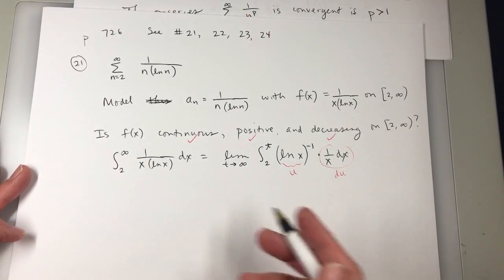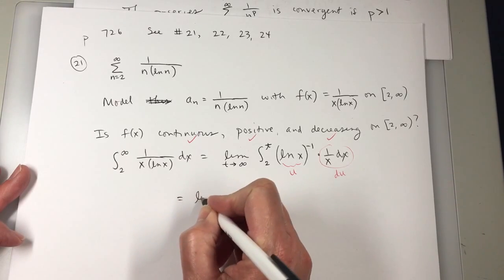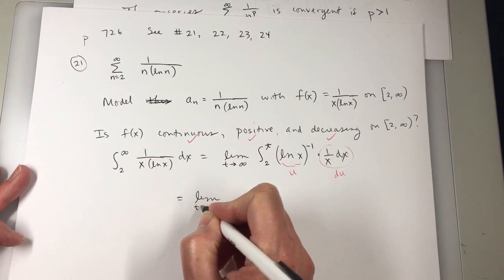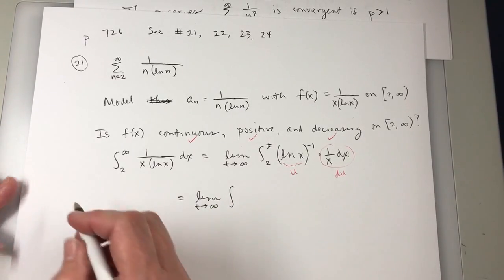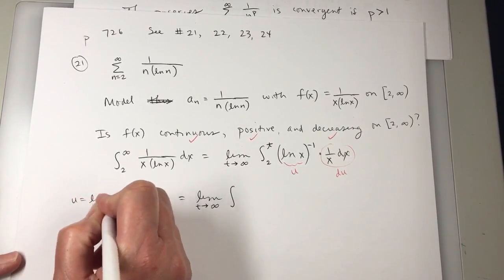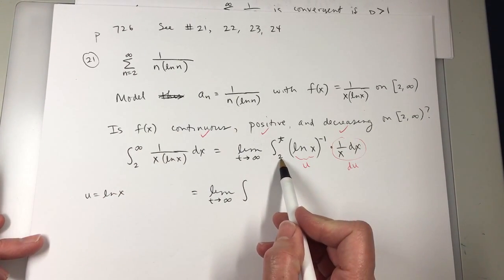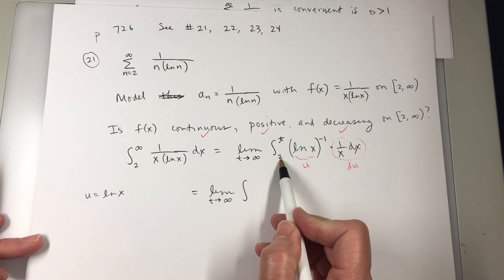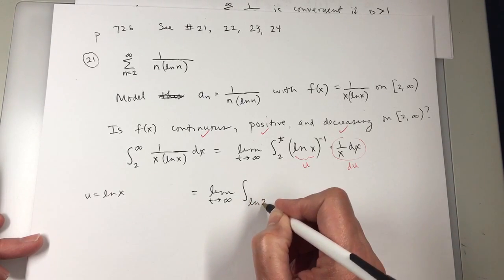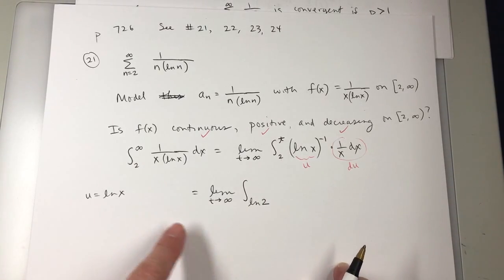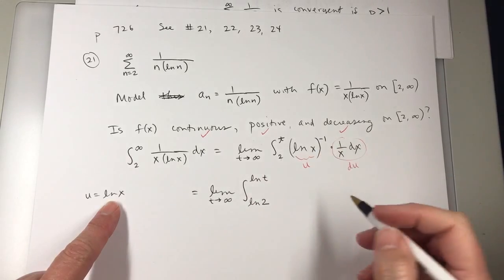So, I'll change my limits of integration this time. A lot of times I do not change them. The limit as t approaches infinity, if u equals ln x: when x is 2, u equals the natural log of 2, and when x is t, u equals the natural log of t.